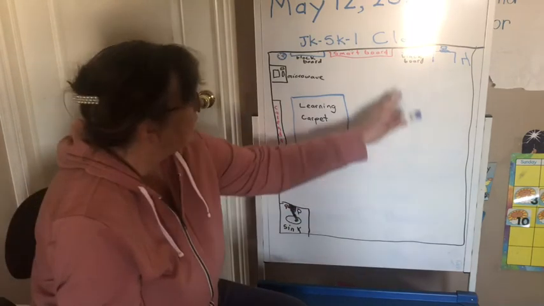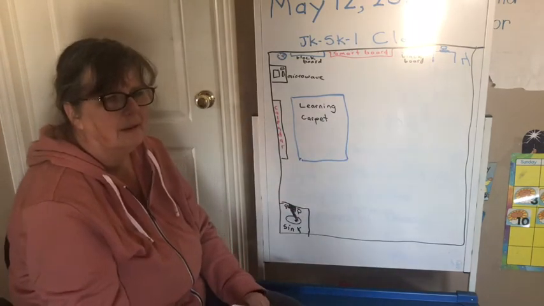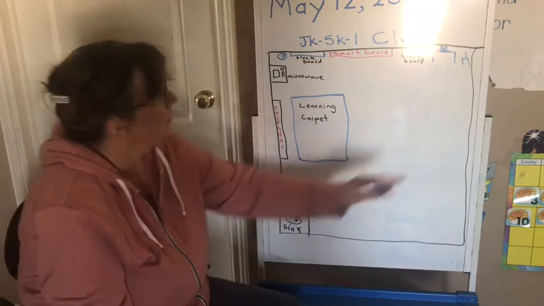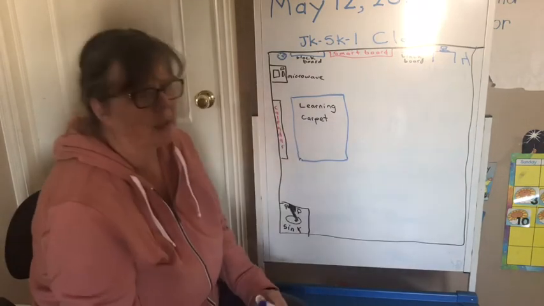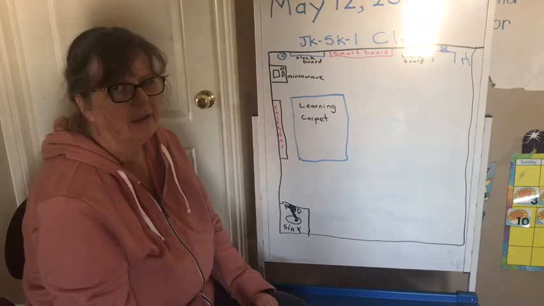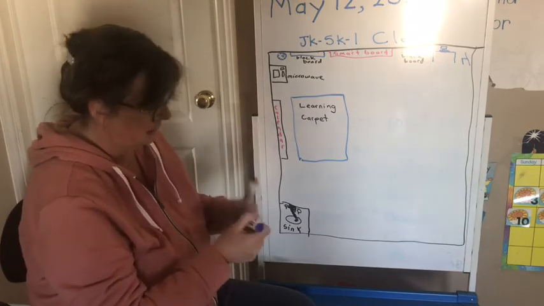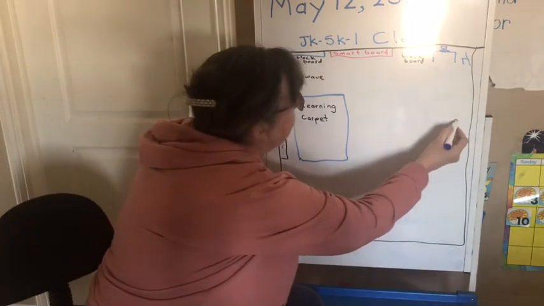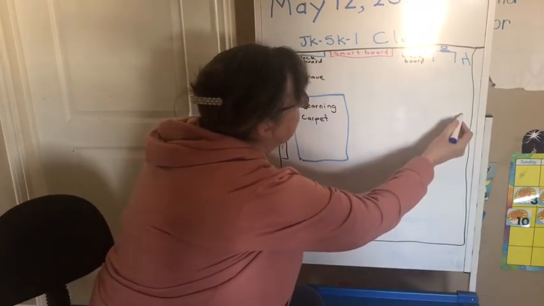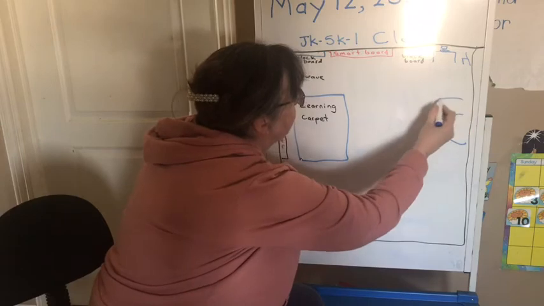Now we have desks, don't we? Oh, on this wall we also have Miss Fairfax's Blue Table of Learning, right? So I'm going to put my blue table, I'll make it blue because it's a cool blue table. So I'm going to put my Blue Table of Learning here.